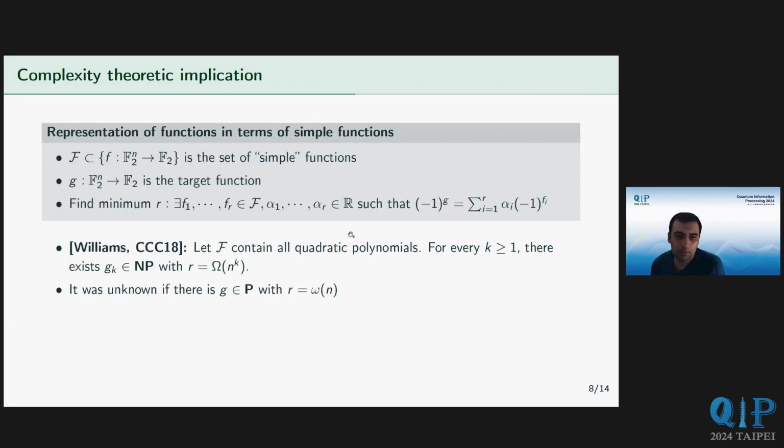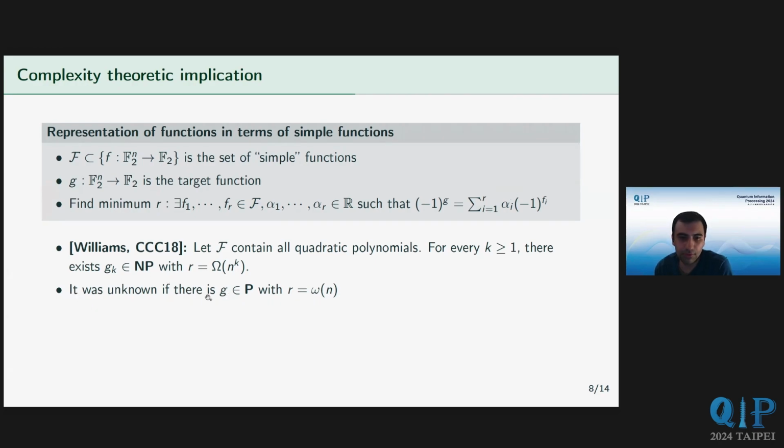Another problem is if we take, again, the simple functions as the quadratic polynomials, then Ryan Williams could prove that for any k greater than 1, there exists some function in NP such that you need at least n to the power k functions to write (-1) to the power g as a linear combination of these functions.